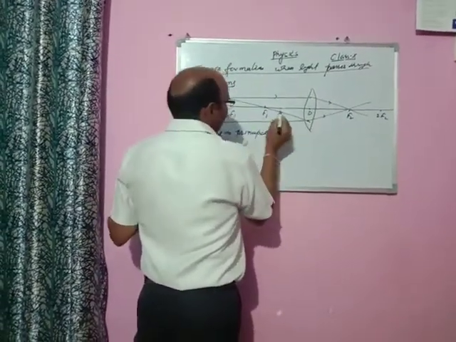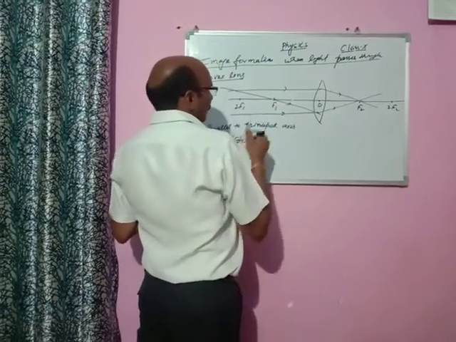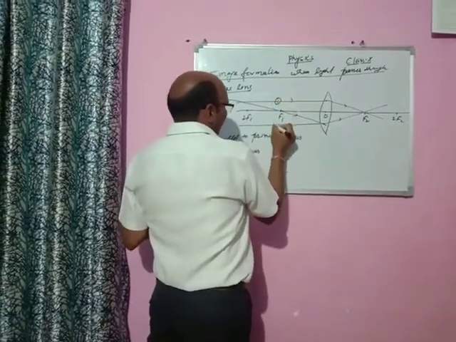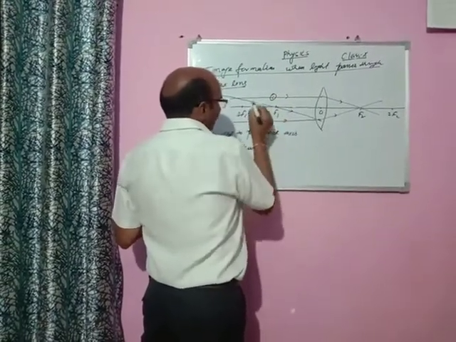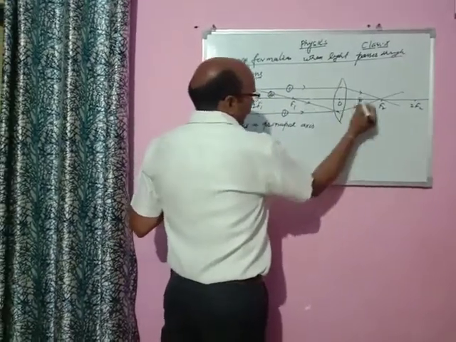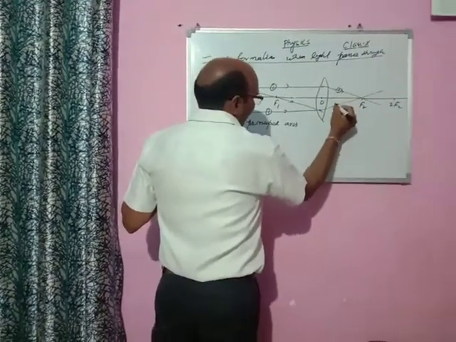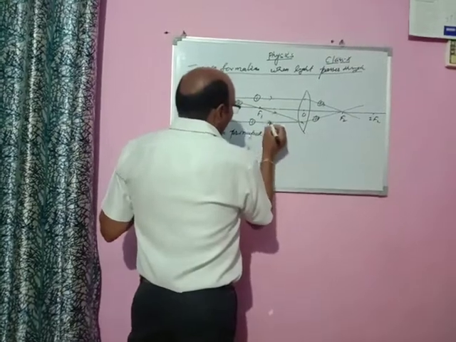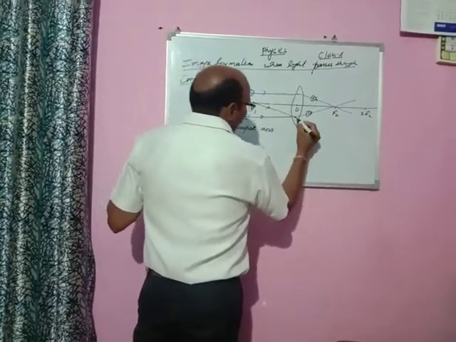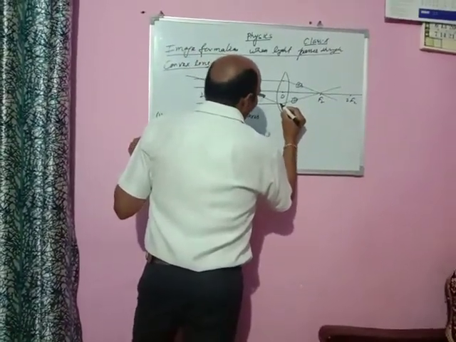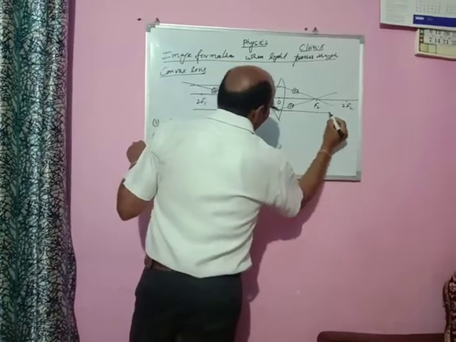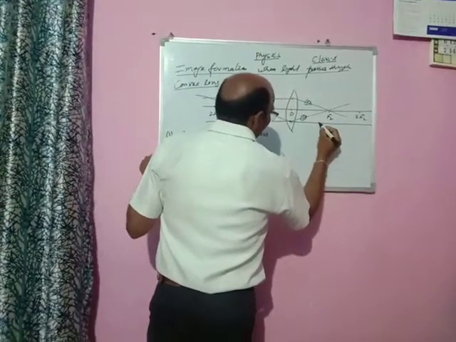Like number 1, I have taken number 2. So this light has to go parallel to the principal axis, like this. It will behave like this.